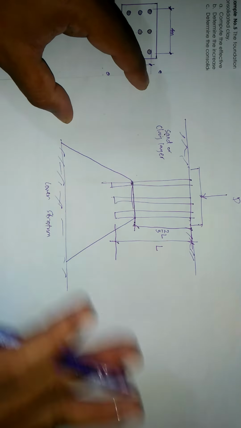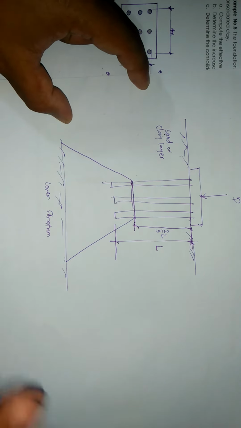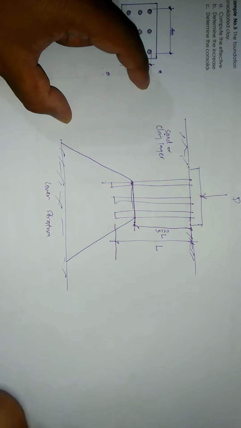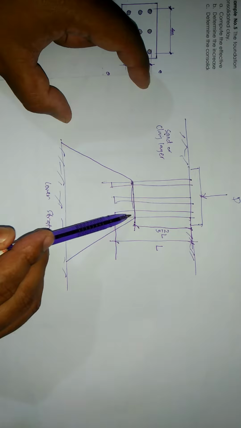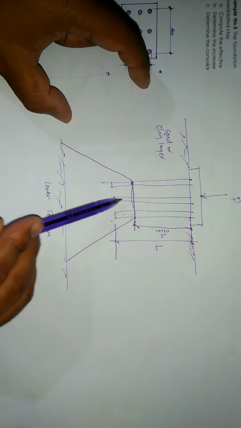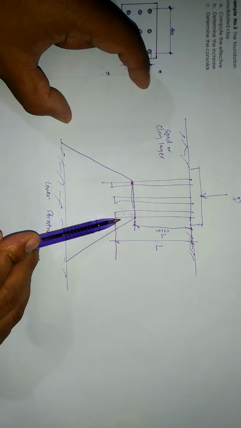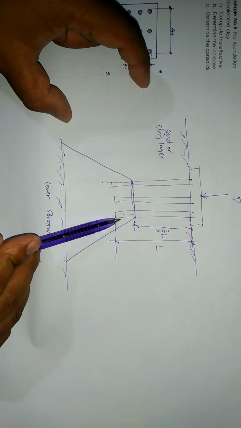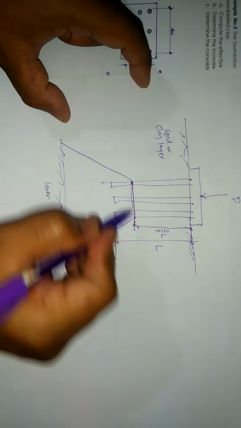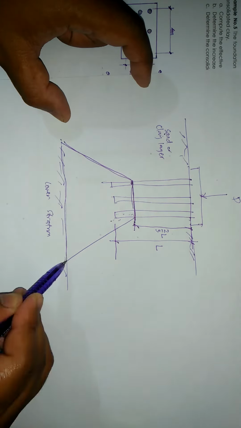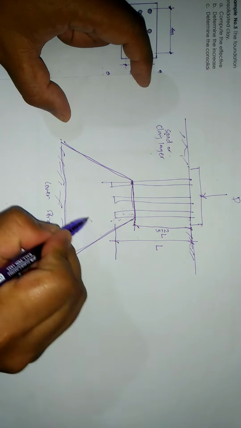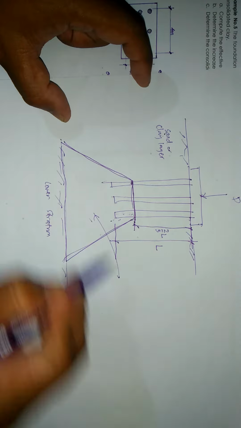And then, the presence of the L over 3 na naiwan dito sa pile group natin is disregarded. Alright? So, if this one would be your consolidating layer, ito na yung tinatawag nilang consolidating layer.